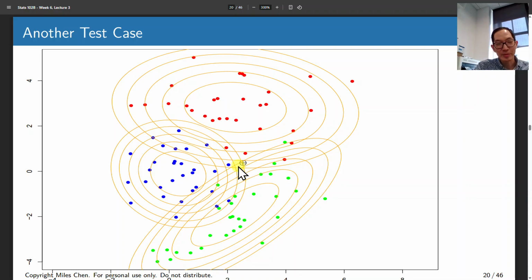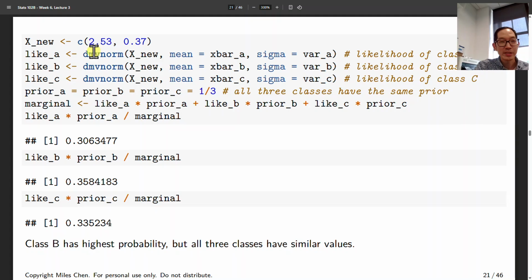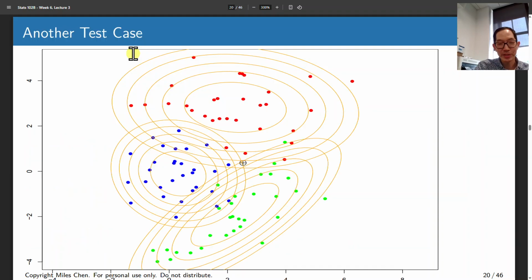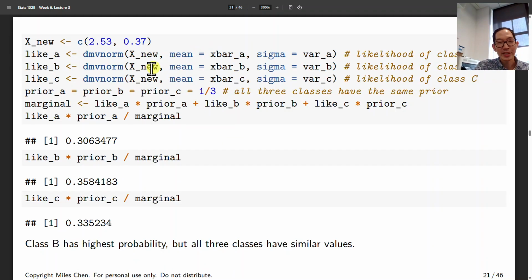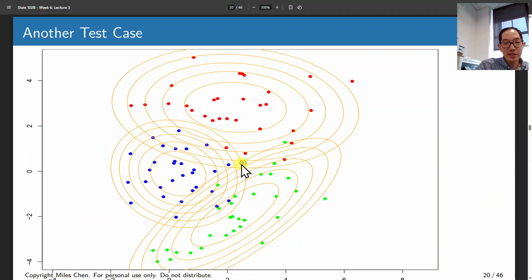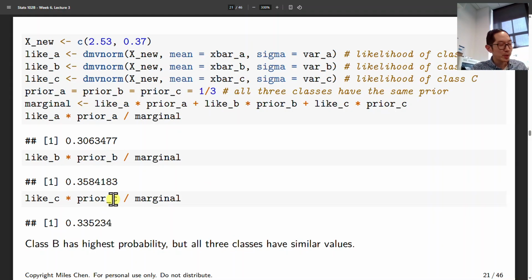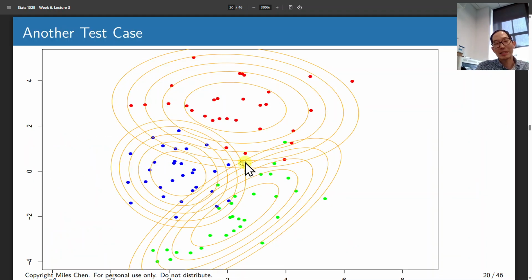If we plug this in, and this is a bit contrived, but I said 2.53 and 0.37 is this approximate location, and you go through our calculations, now we're getting around 30% A, 36% B, 33% C. So class B has the slightly highest probability of the 3 classes, but only by a tiny bit. This one is something that blends in, right? This one could fit in with any of these things.